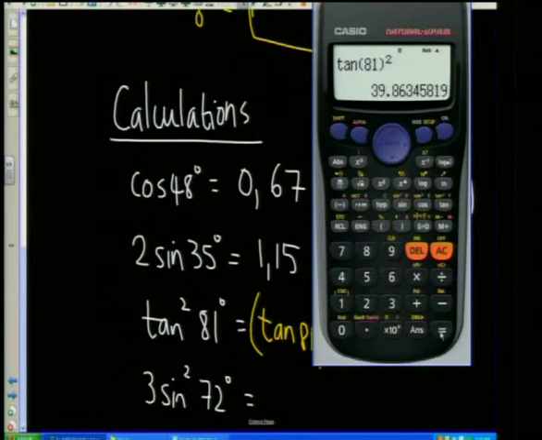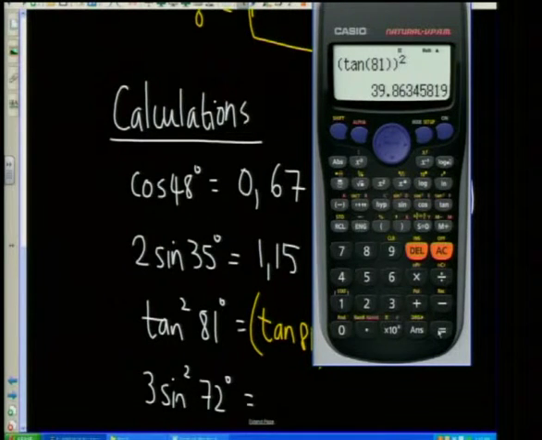Now I just want to try something. If we have the tan of 81 and we square it, what do we get? 39,8. So as you saw earlier, the square was only around that 81, and it also gave us 39,8. So the calculator doesn't mind if you leave out those introductory brackets.